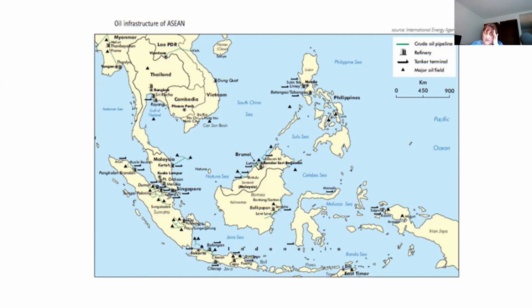But climate change is going to affect Indonesia and this area just like everyone else. If there's increased flooding on the deltas, then you could lose agricultural land on the mainland. With increasing sea level, you could have flooding of some of the islands.